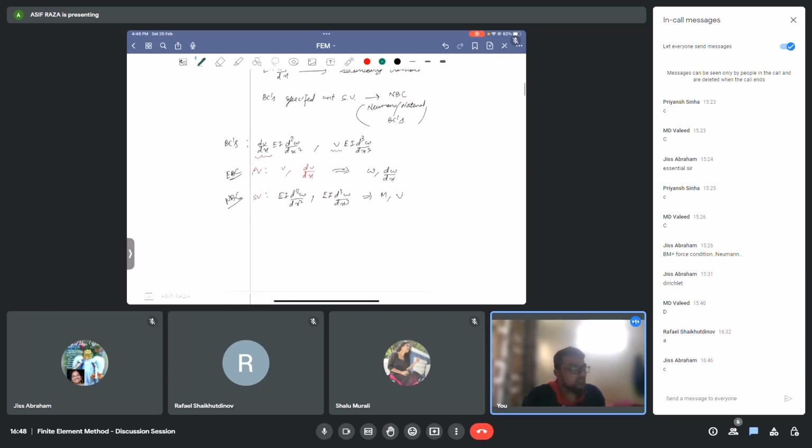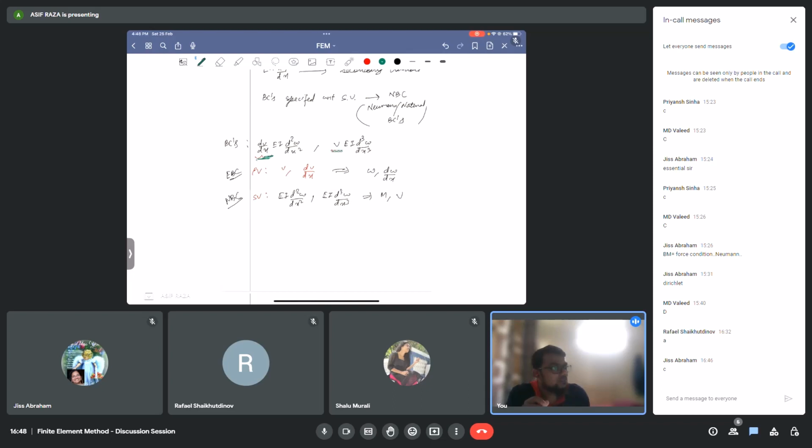But in the beam problem, you get boundary conditions like this: dv/dx times EI d²w/dx², and the other boundary condition is v times EI d³w/dx³. The weight functions are dv/dx and v.